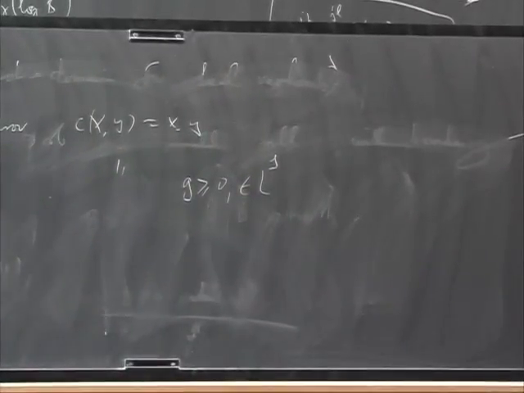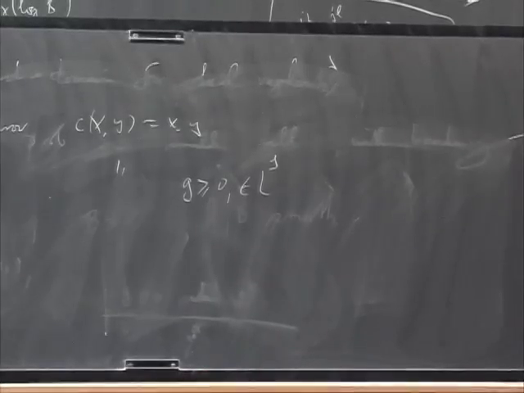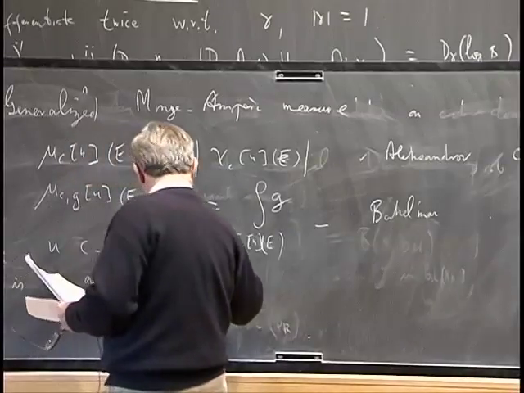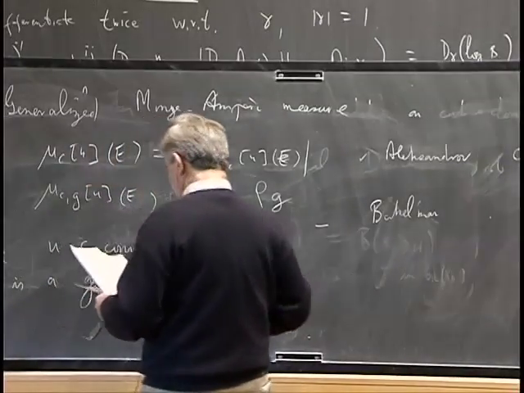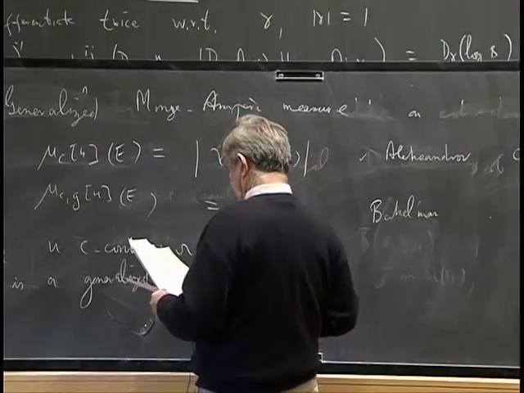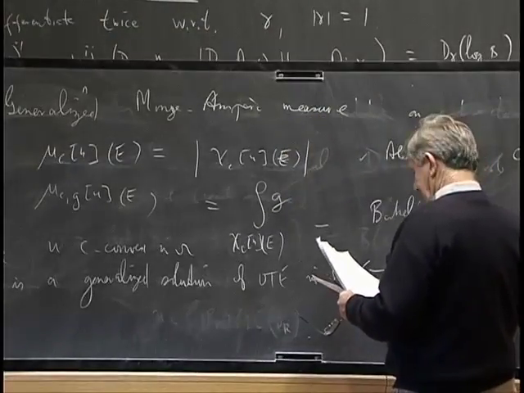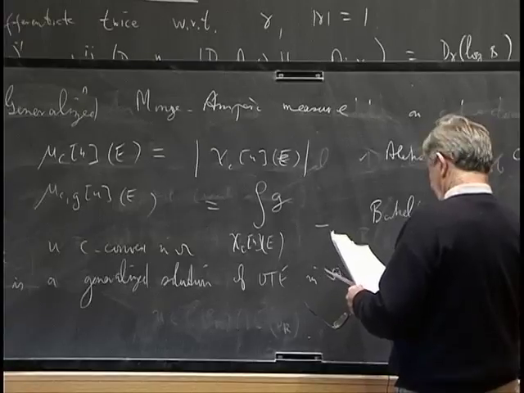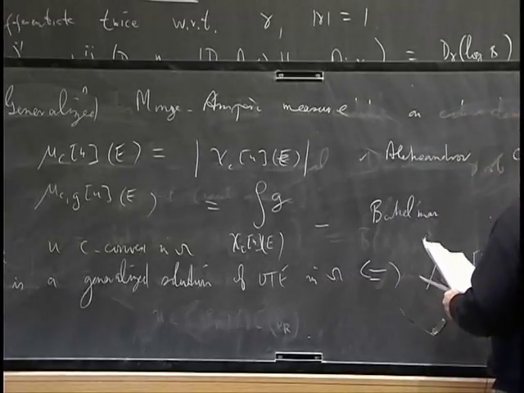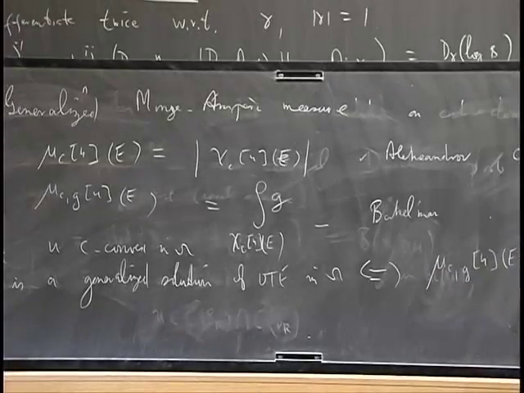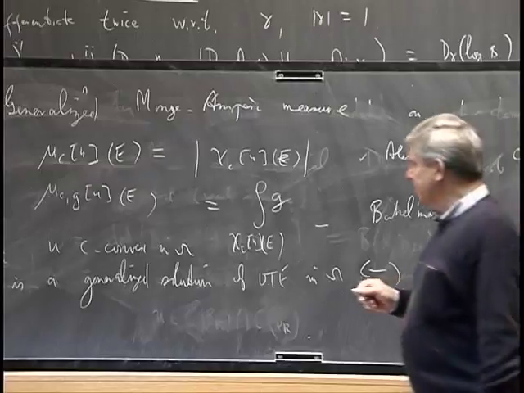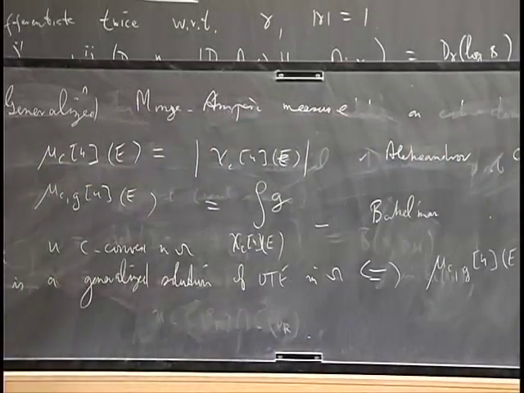Now we can make a definition: a function u, which is C convex in omega, is a generalized solution of the OTE in omega, equivalent to simply that mu C g of u of E is the integral of f over E for all Borel E. So that's an extension of the old Alexandrov definition of generalized solutions.